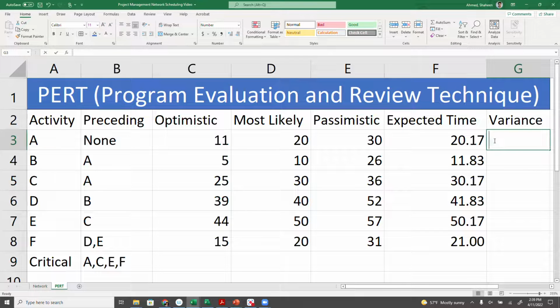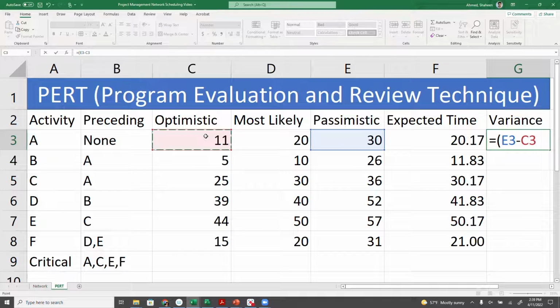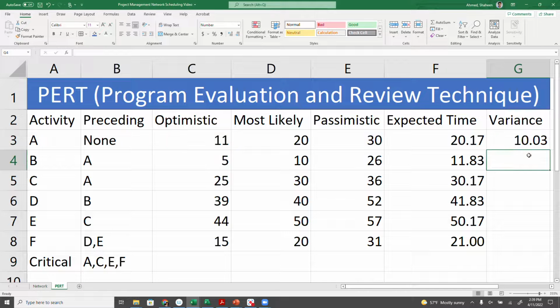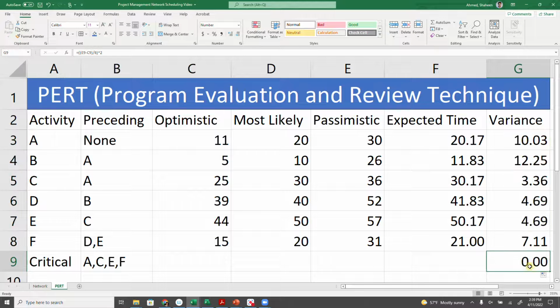And then the formula for variance is the pessimistic minus the optimistic, divided by 6, whole squared. That's the variance formula. I think I need a parenthesis here, like this. So that's the variance for each of these.